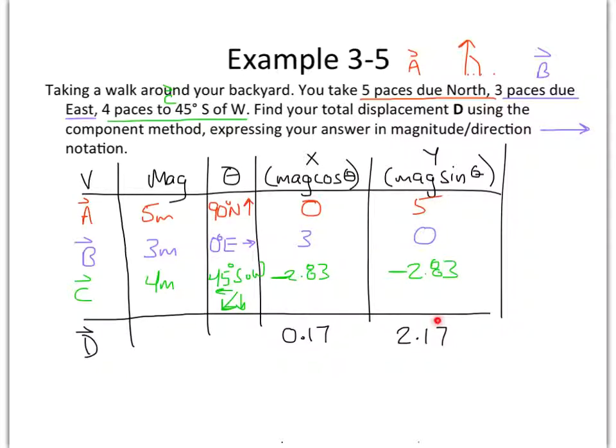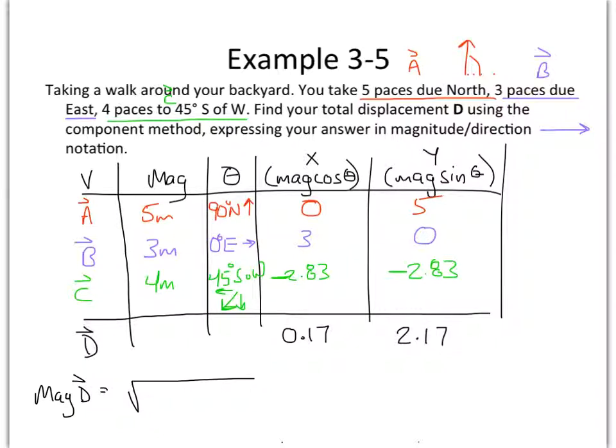But we want to know what the actual magnitude of vector D is. How do we get the magnitude of any vector if we know the components? We take the Pythagorean theorem. That means to get D itself, we need to take the square root of those two components squared.